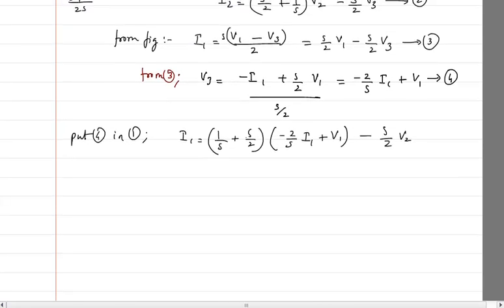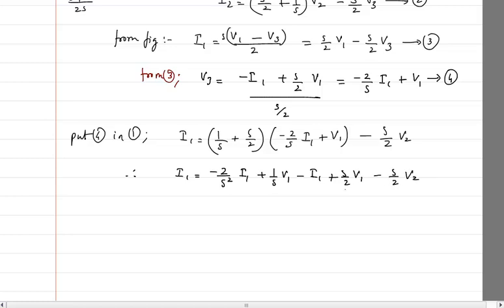So I will write I1 is equal to, multiplying, minus 2 by S square I1, plus 1 by S V1, minus I1, plus S by 2 V1 minus S by 2 V2.